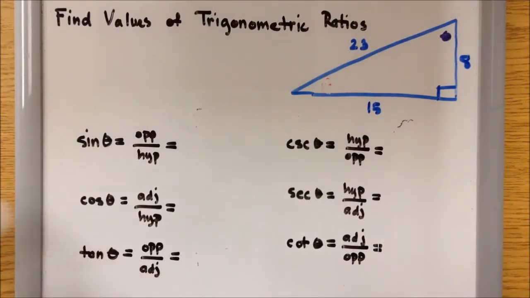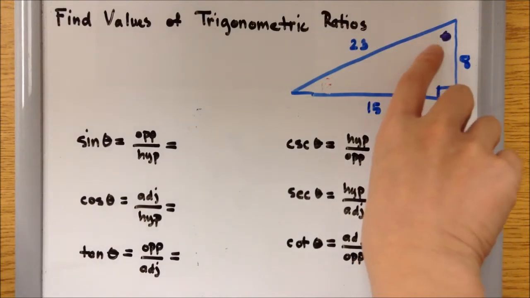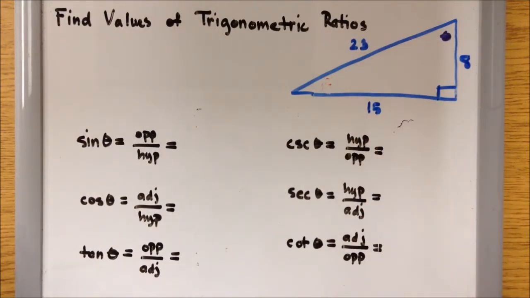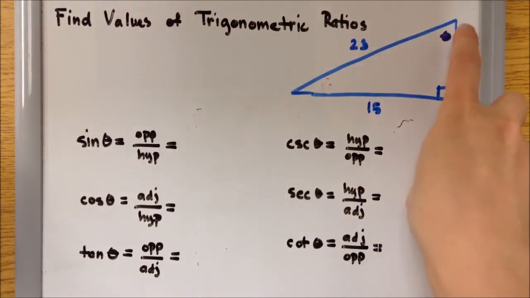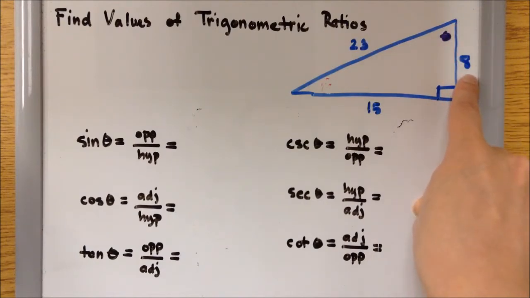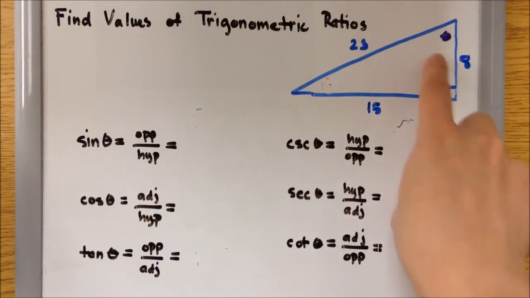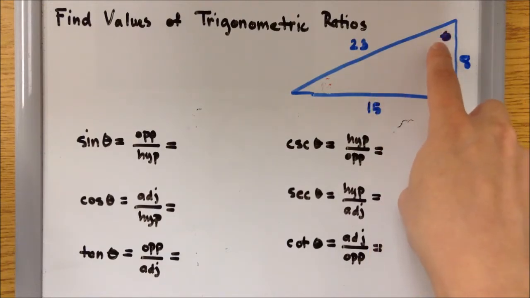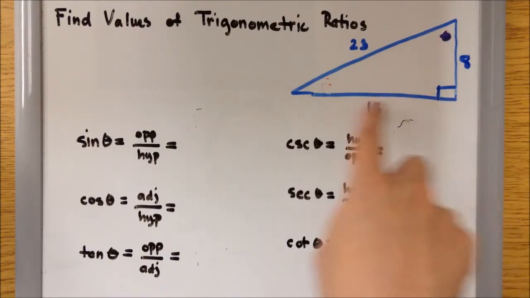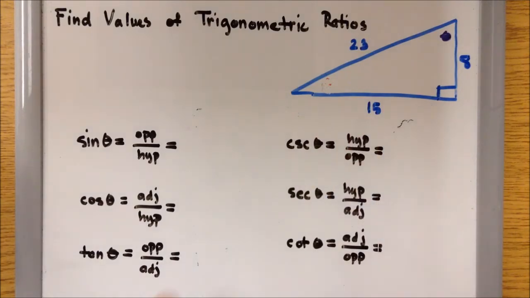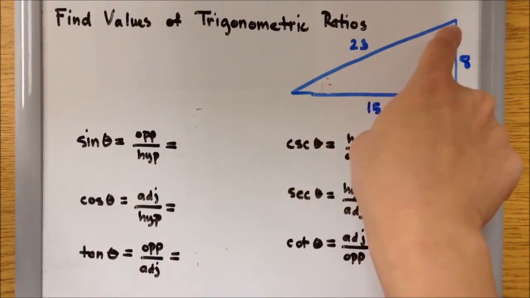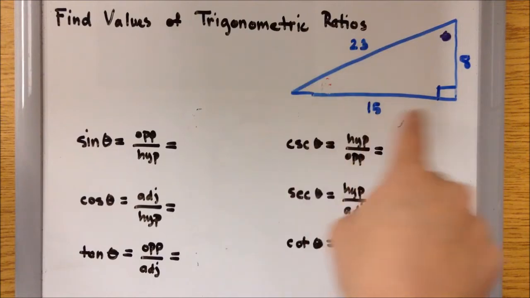If your angle theta is located here, that means now what's next to the angle is 8. The one that is across or opposite is now the side with 15. The hypotenuse is the same because hypotenuse is always the longest side of the triangle.